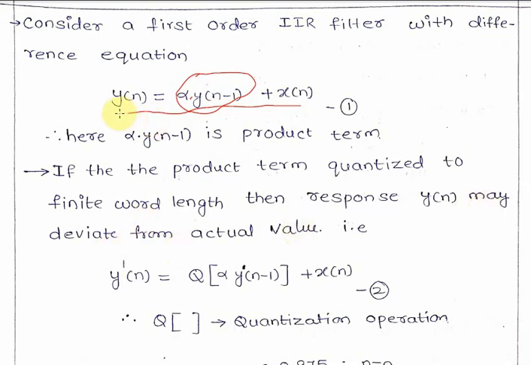That's why y of n is represented as y dash of n. The quantized value of alpha y of n minus 1 is represented like this, plus x of n as input. Here Q represents the quantization operation.